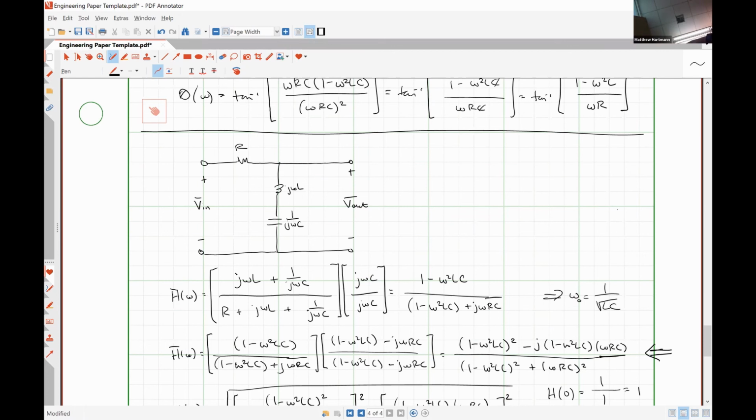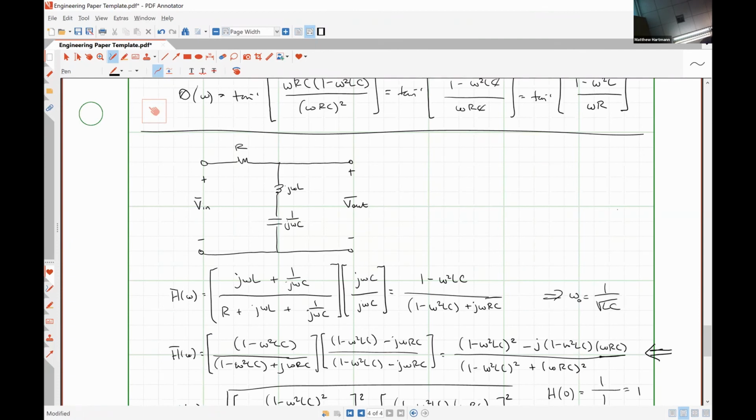But when we have this series RLC circuit like this, if we take the output over the inductor by itself, we have a high pass filter. When we take the output voltage to be the voltage drop over the capacitor, you should see that it's a low pass filter.